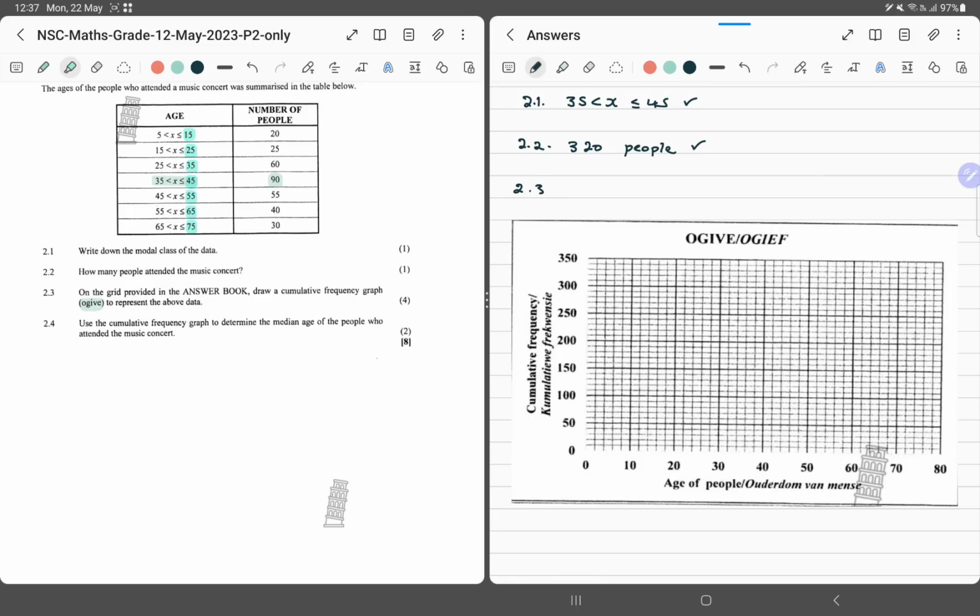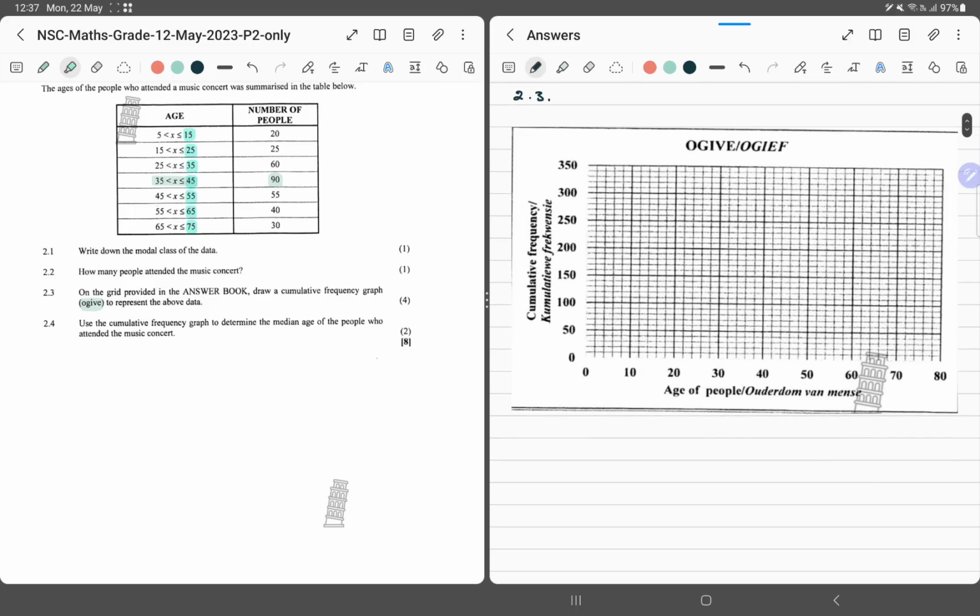So this is 2.3. Okay, so what is important here? You may want to do the cumulative frequency first, because it's going to hurt if you don't. Let's just forget it. So we know what to do here, right?